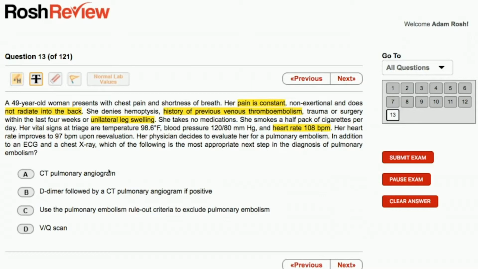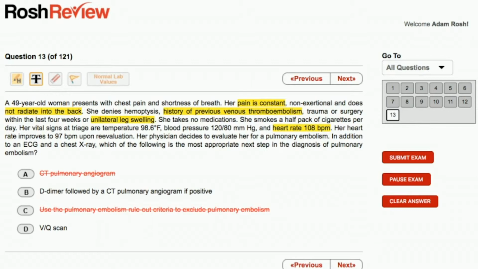There may be an alternative. So for now, I'm going to cross off answer choice A. Let's go to answer choice C. Use the pulmonary embolism rule-out criteria to exclude pulmonary embolism. Well, we just spoke about that. And because this patient is tachycardic with a heart rate of 108, fortunately, we cannot apply the PERC criteria. So let's cross that out.